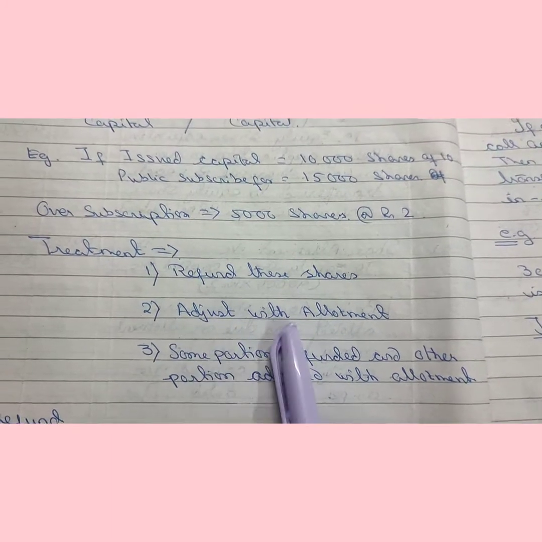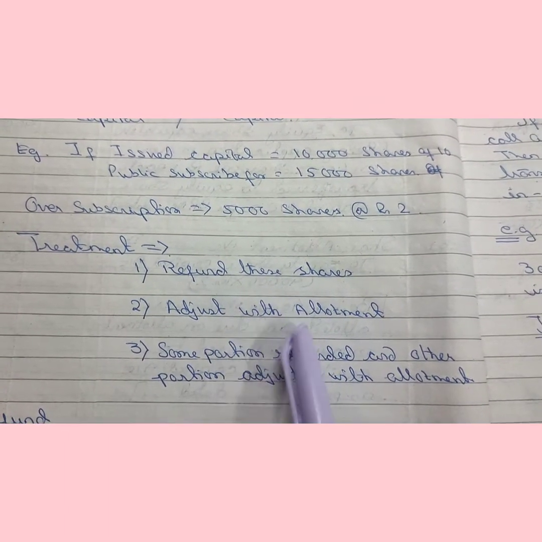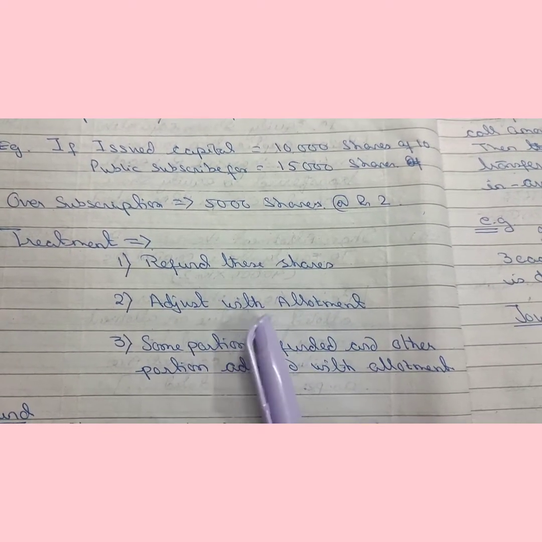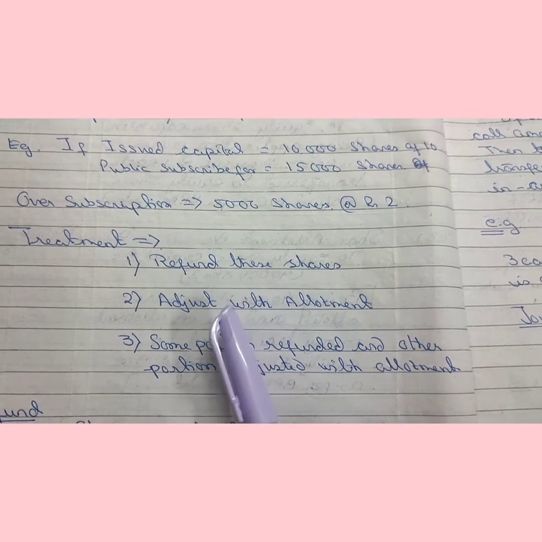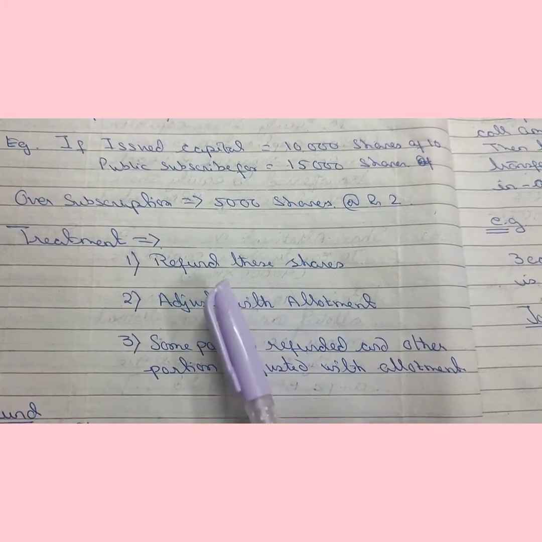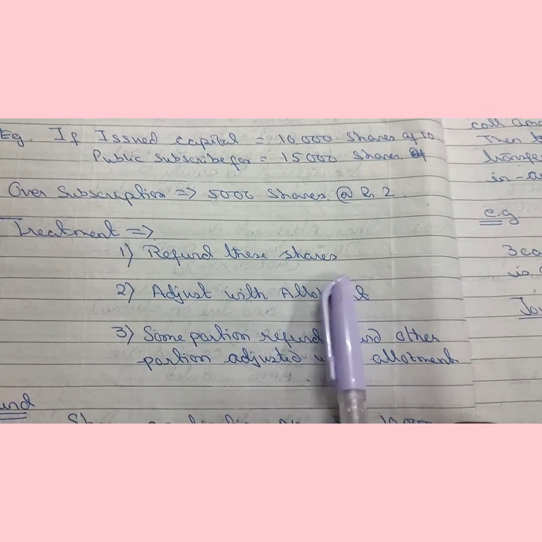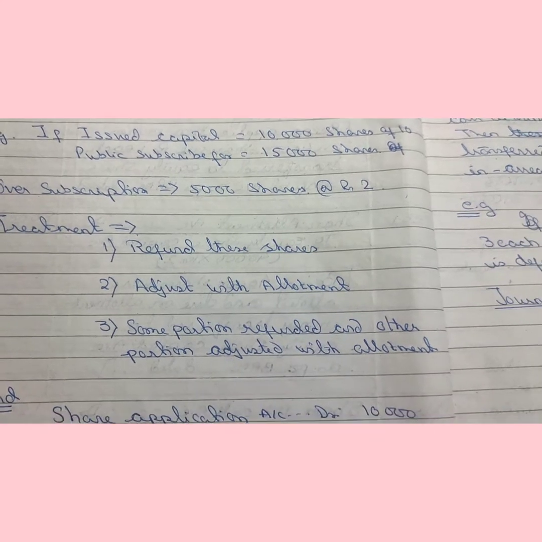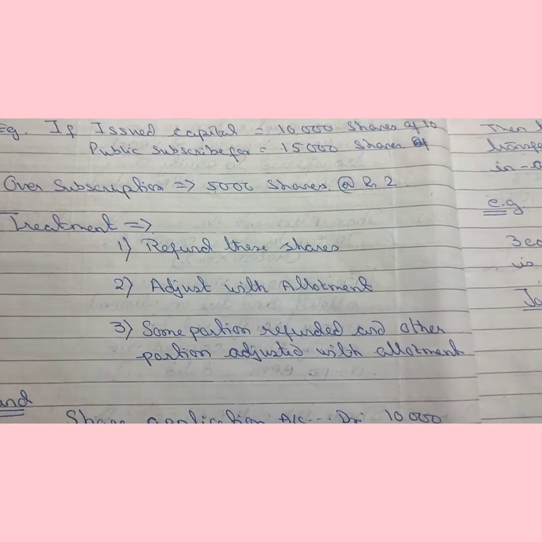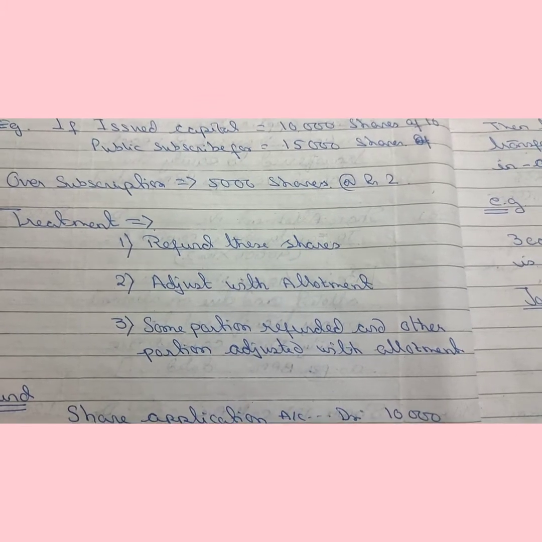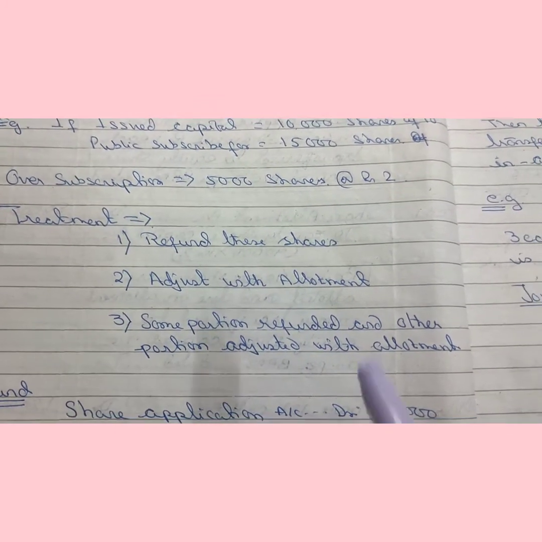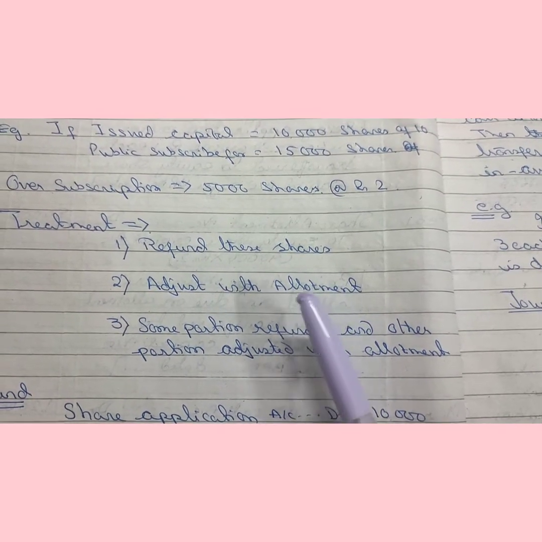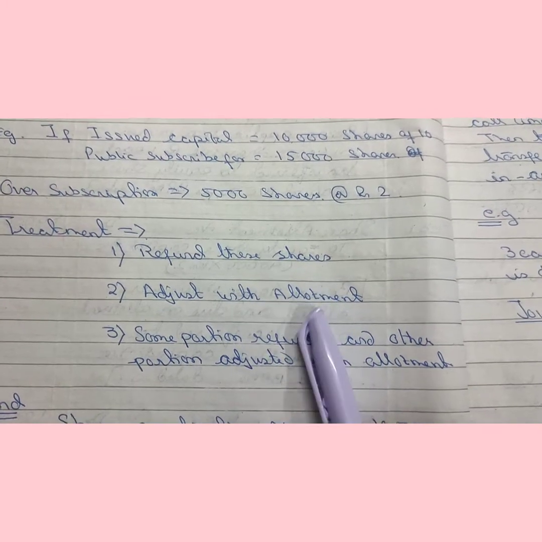The second treatment for excess application money is adjustment with allotment. Another way is that the company can't refund this share application money, and can adjust it with allotment. That means when the company calls for its allotment money, the public pays a lesser amount.